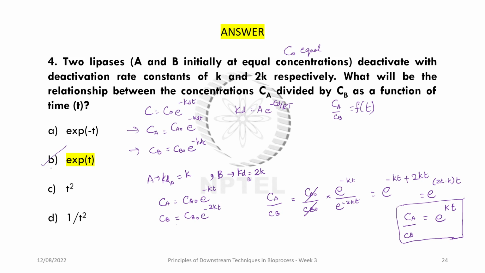CA by CB is related to the exponential function of t, right? This is constant, obviously, so it is related by e power t or exponent t. So B is the right answer. All the others are wrong.